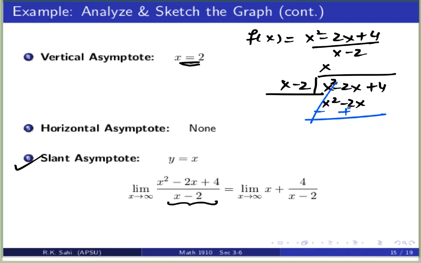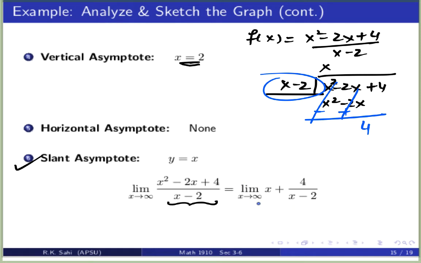What do we get? A 4. So now the remainder is less than the divisor here, which is x minus 2. So what we do is you write this formula now as x, the quotient, plus the remainder divided by the divisor here, which is x minus 2.